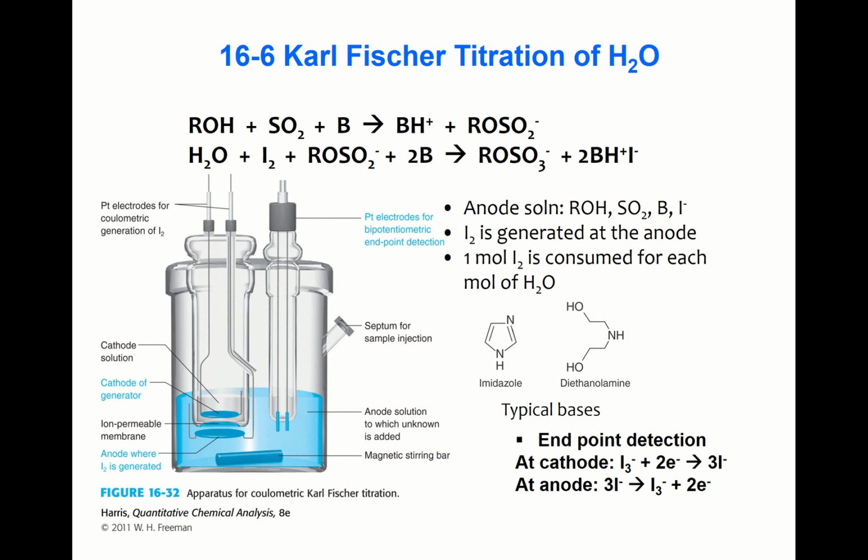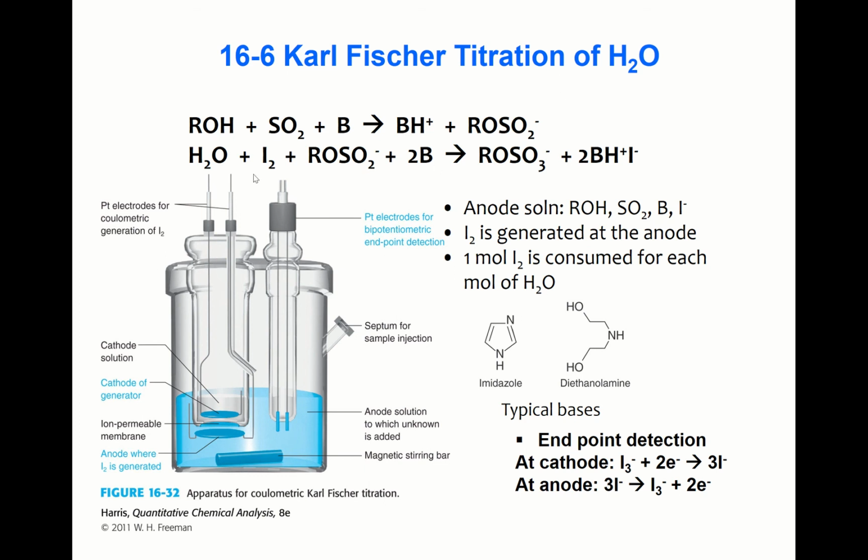And usually in organic solvent the impurity is water. So you have to remove the water, or you have to determine the water concentration in organic solvent, for example. And then how do we measure the water concentration very precisely? So this Karl Fischer titration tells you the water concentration.